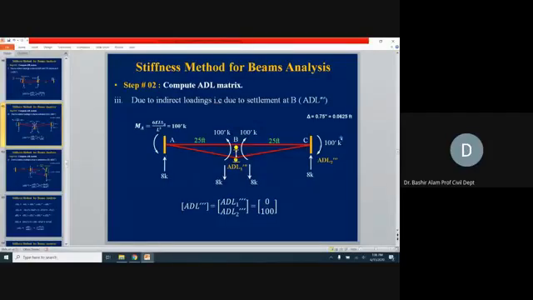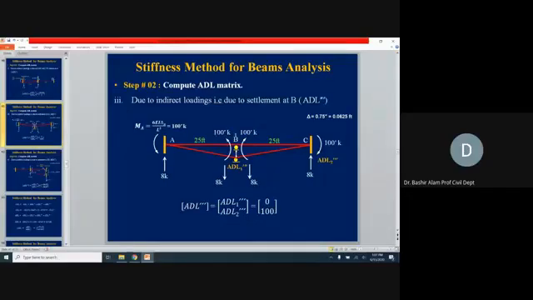The other two locations we are going to block. As we already discussed, because of this settlement, look, from the left hand side span it is trying to come back, so this is counterclockwise movement. From the right hand side, again it is trying to come back, so it is causing clockwise movement.